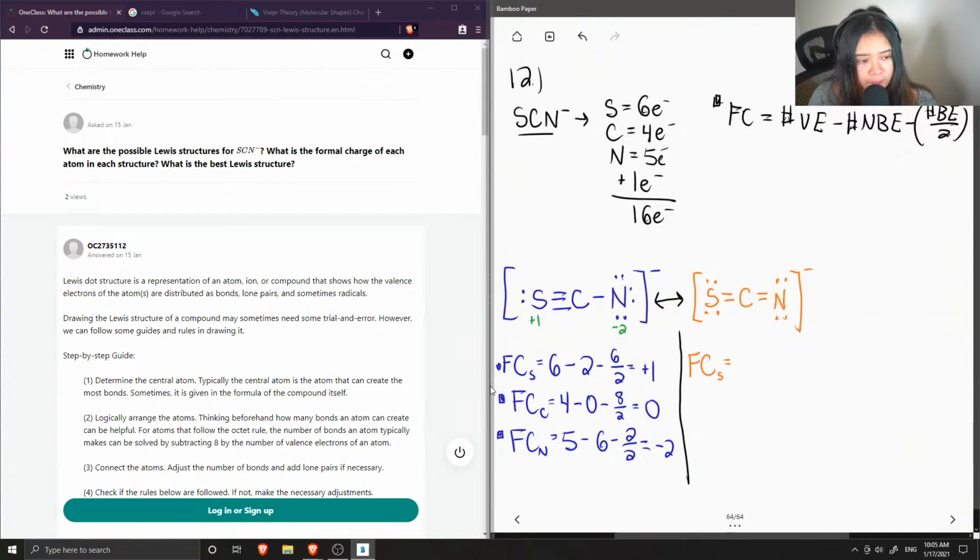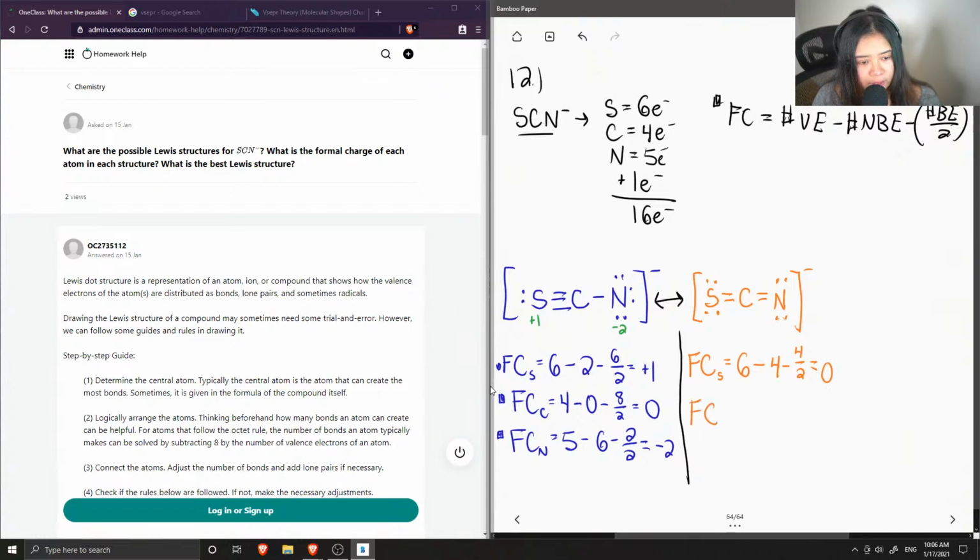So for sulfur, there are 6 valence electrons, 4 non-bonded electrons, and 4 bonded electrons divided by 2. So 6 minus 4 minus 2 is 0.